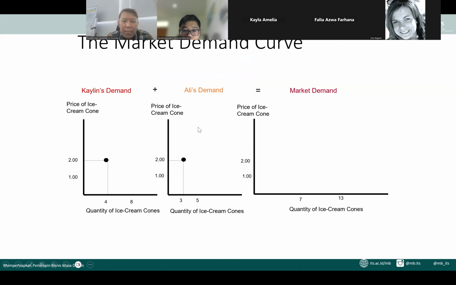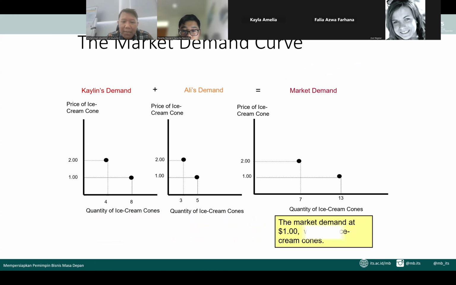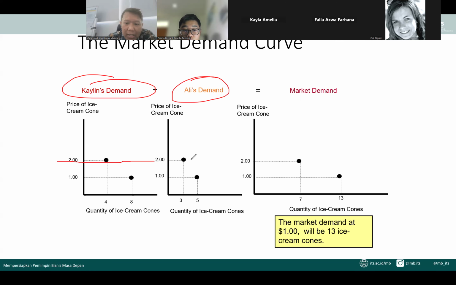And then when we sum up, we sum up horizontally. This is the market demand, which consists of Kaylin's demand and Ali's demand. And you can see that when the price is $2, the quantity demanded becomes 7.